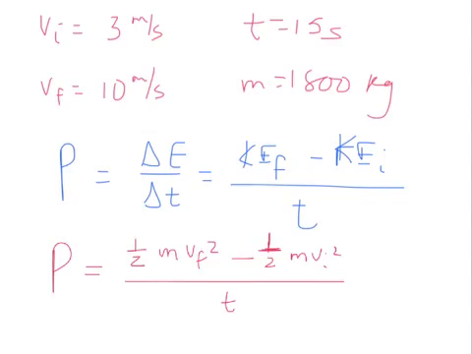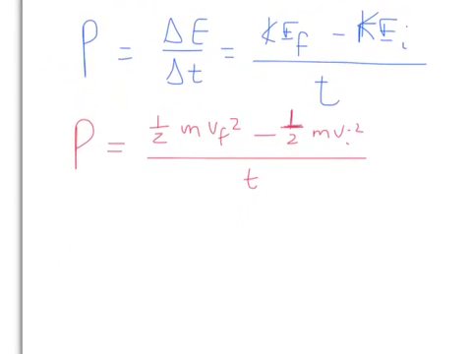All we're doing at this point is plugging in our formula for kinetic energy for each term. Now, if you'd like to, you're welcome to factor out the 1/2 m. You don't have to. You can though. Okay, and that's what this would look like if you did.